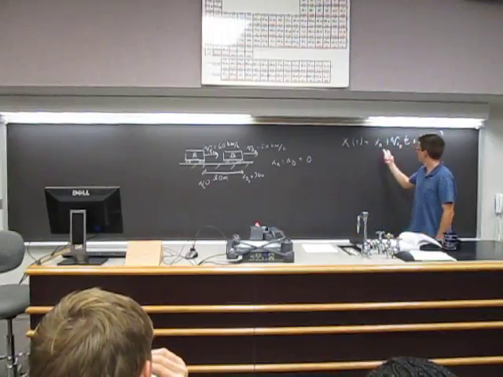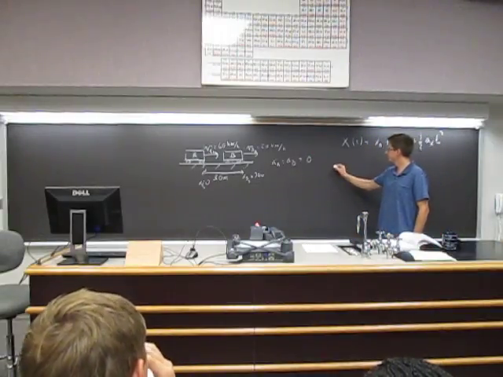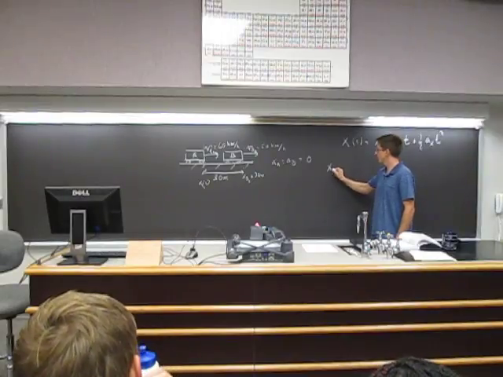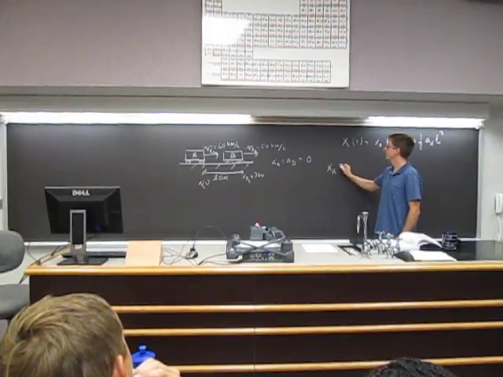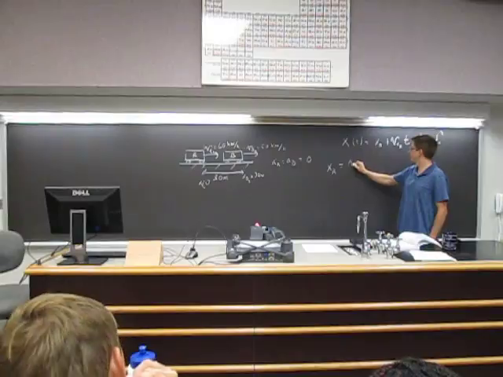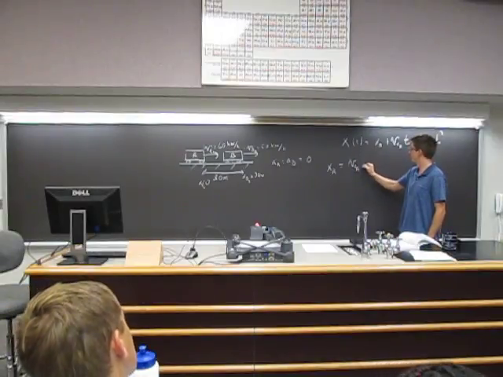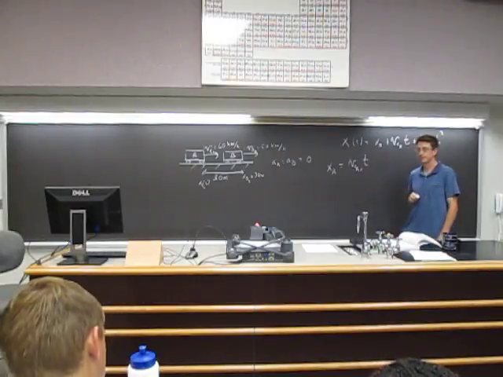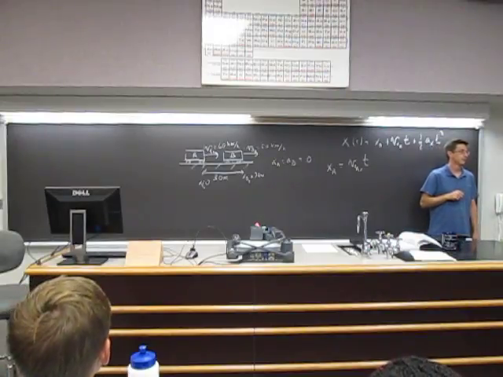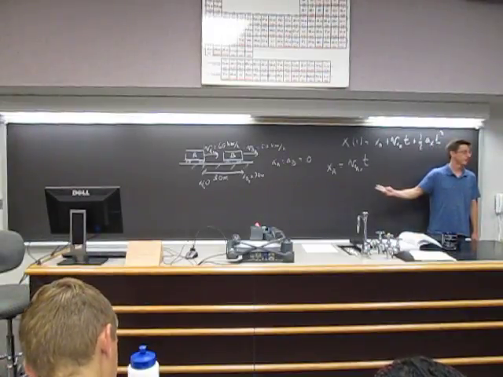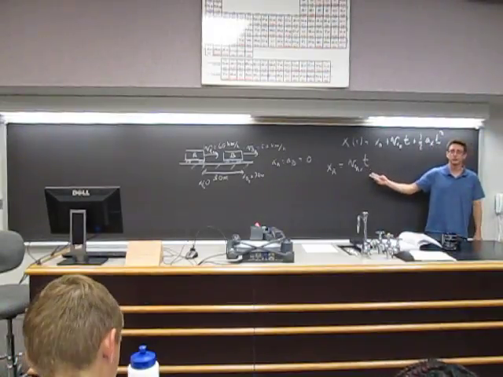And I'm going to start just plugging things in here. So the position of the red car at any time is going to be just the velocity of the red car times time. That makes sense? Acceleration 0, initial position 0.